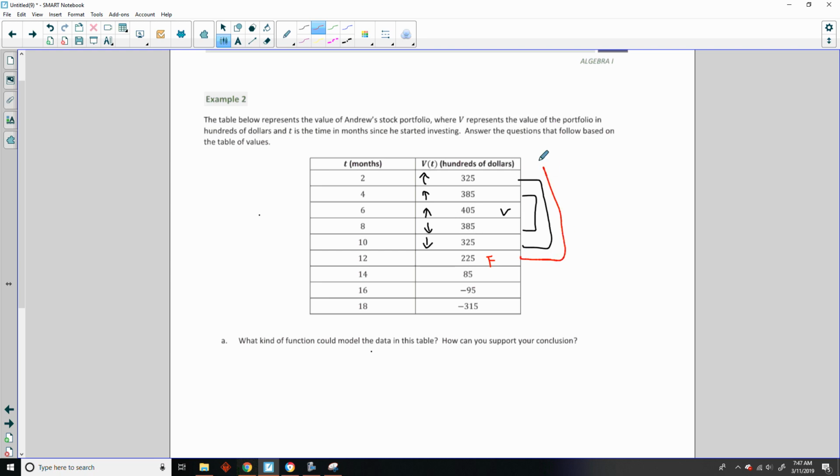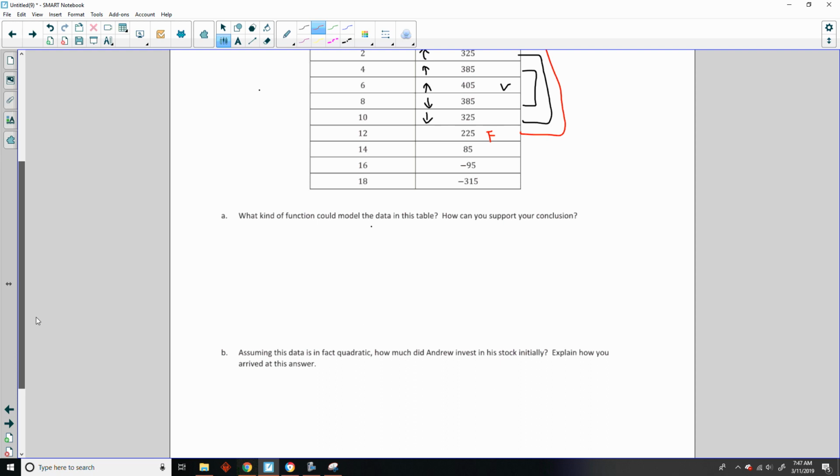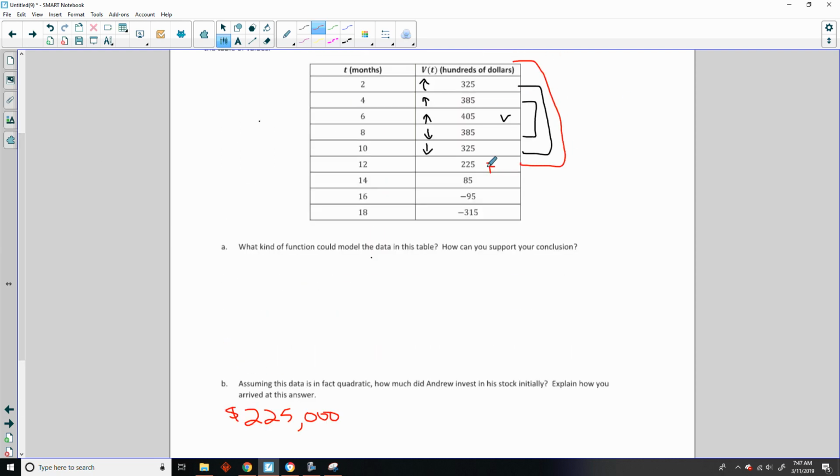So initially, he started out with $225,000, which would be right here. So that's what I would say. Assuming this data is a quadratic, how much did he initially invest in his stock? I'd say $225,000. Explain how you arrived at that answer, and it would be because of the symmetry of this point, 12 months. 225 would have been up here, at 0, 225.